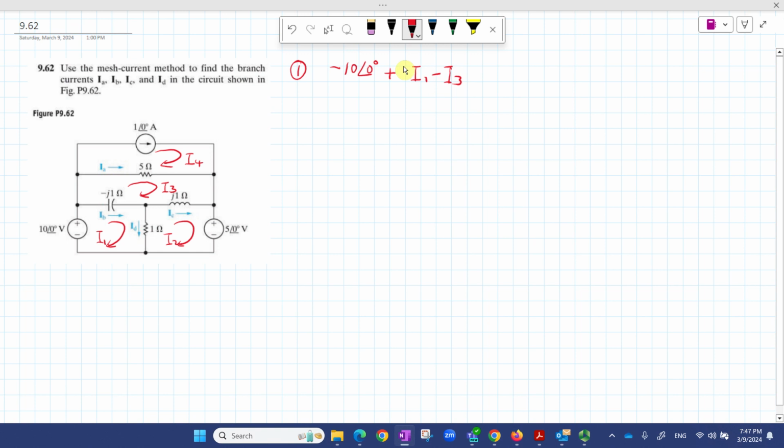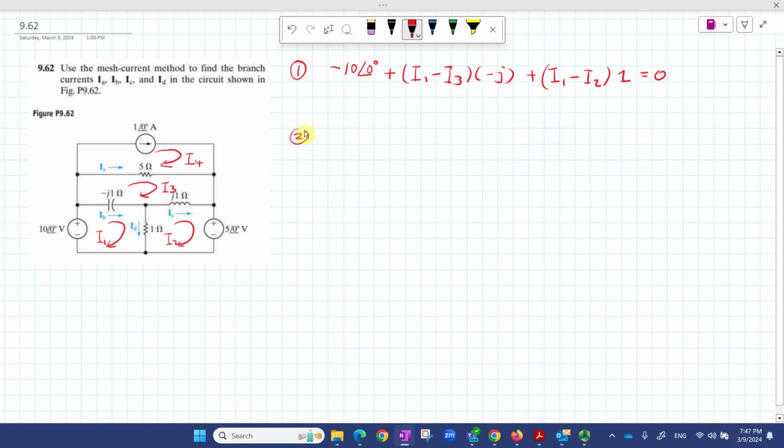I1 minus I3, the current multiplied by the impedance, and we're going to plus the last one, which is I1 minus I2. I1 goes down, I2 goes up, and multiply with the impedance, just 1, and this equals 0.